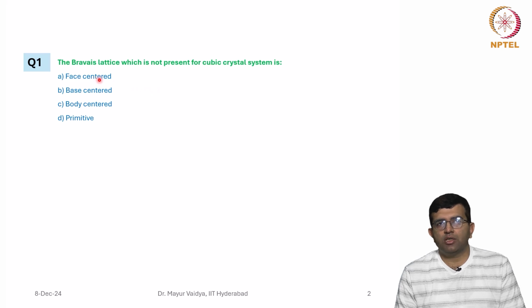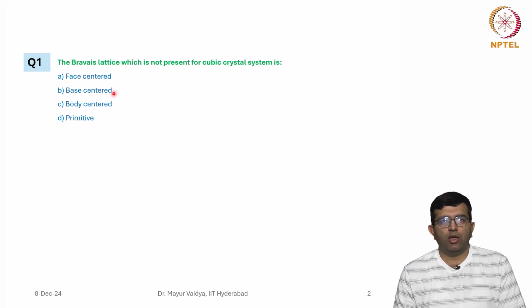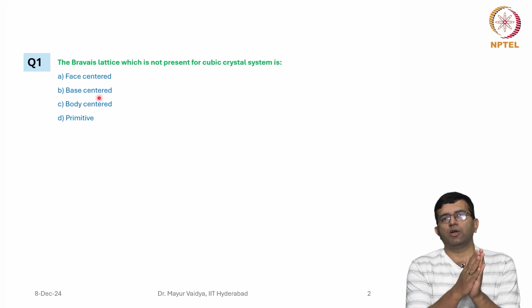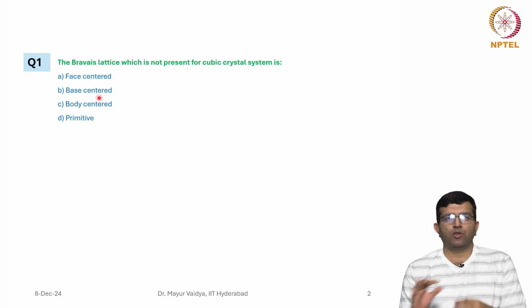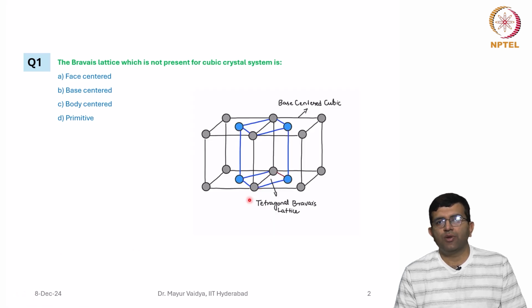So the face centered cubic, we know it is there, body centered it is there, primitive is there, base centered is not there. Although as I said this is not really a part of this course, I thought I will just show you why the base centered cubic crystal structure does not exist. The base centered cubic can also be visualized like this.